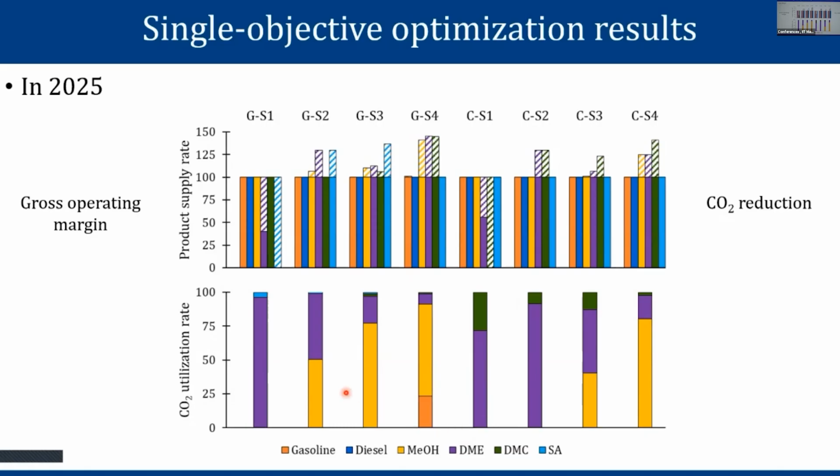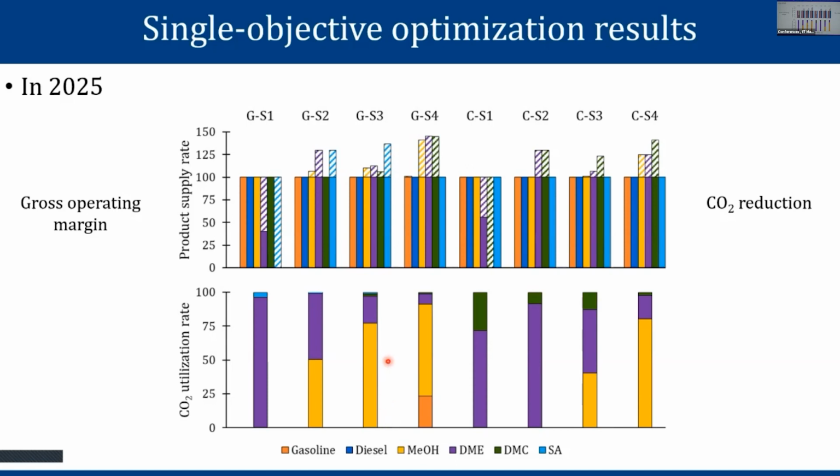But we can see that in the case of pure market competition, which is the scenario 3, methanol will become a better product than dimethyl ether.